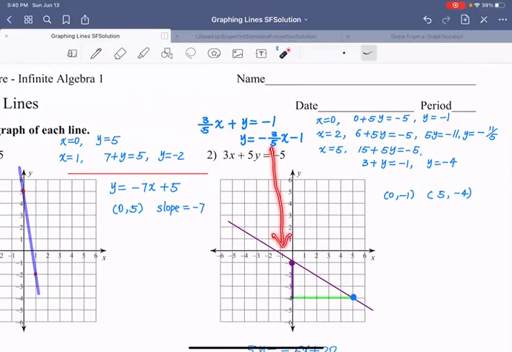The intercept is negative... (0, -1). Thank you. And then the slope is negative 3 over 5. Rise by -3, run by 5.